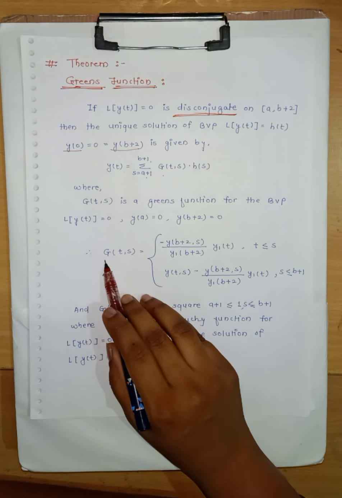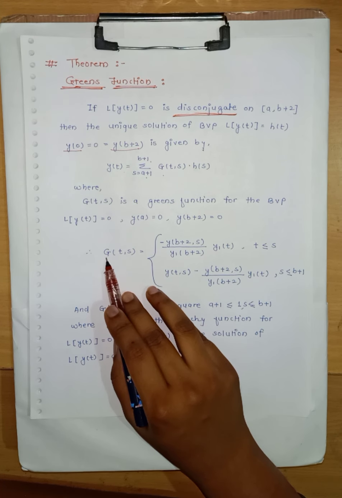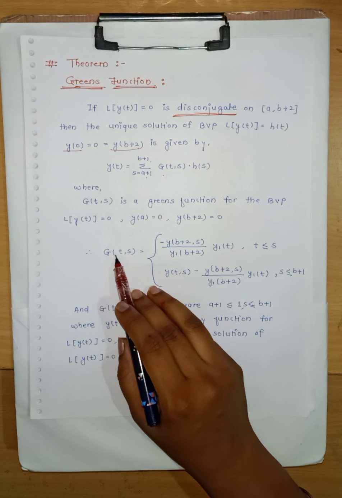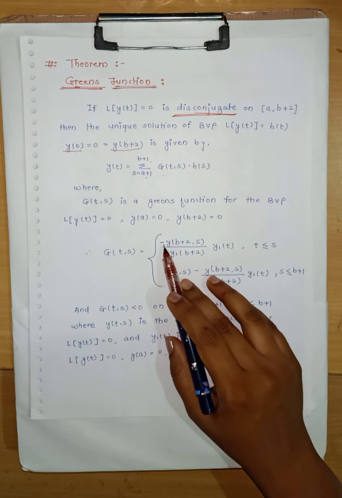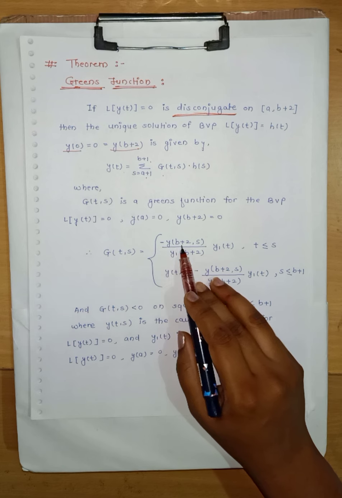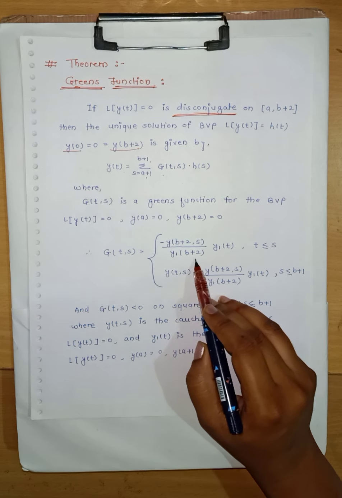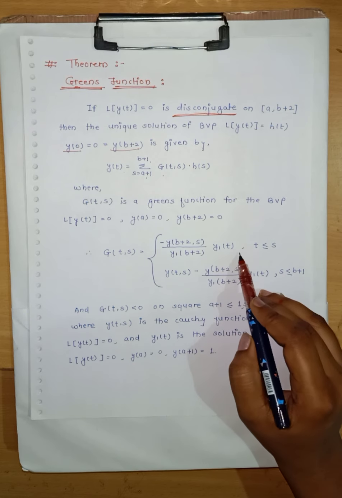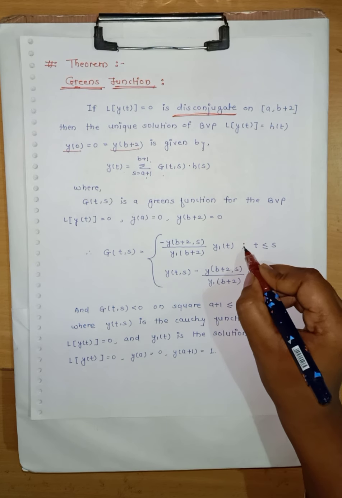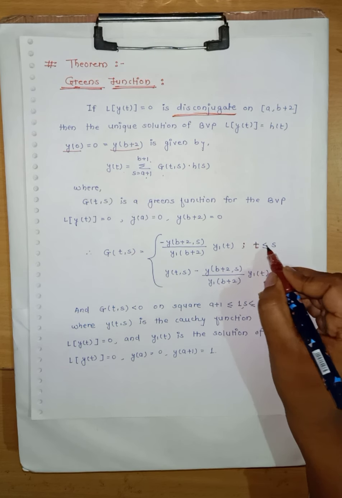We have given that the Green's function g of t, s equals minus y of b+2, s upon y1 of b+2 into y1 of t, when t is less than or equal to s.